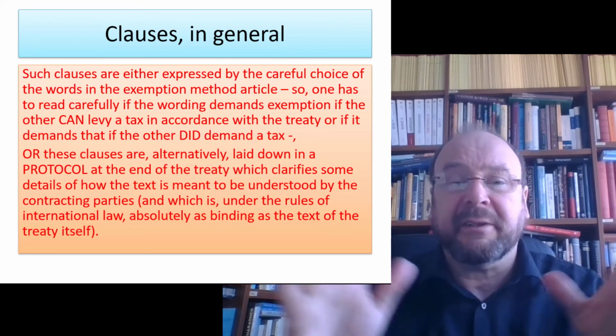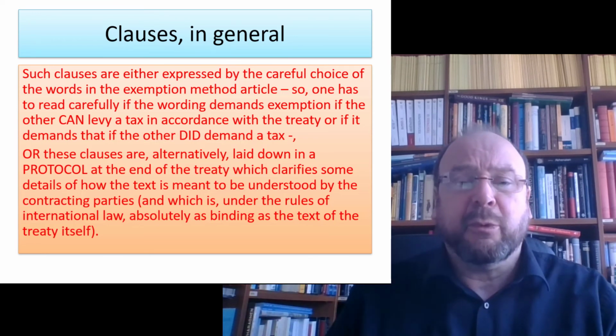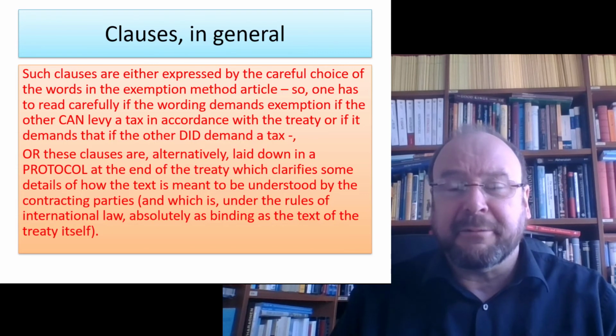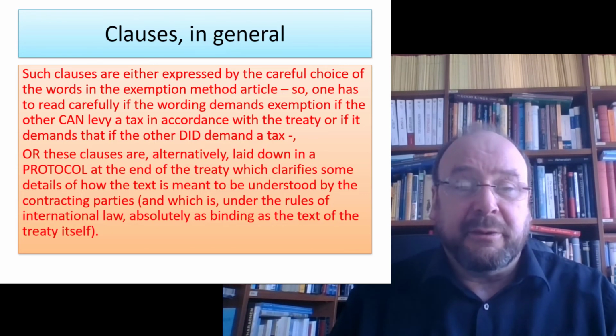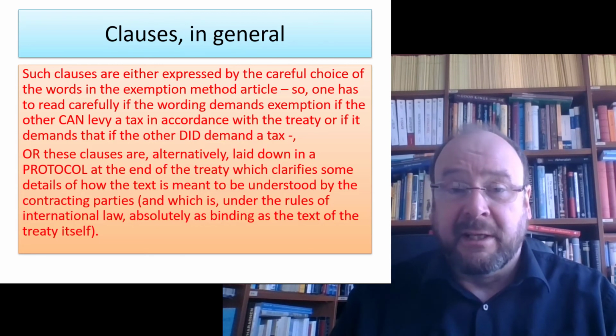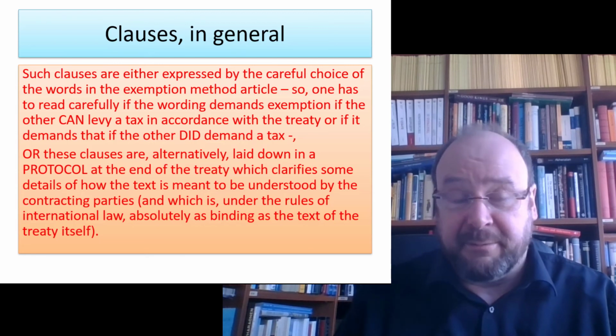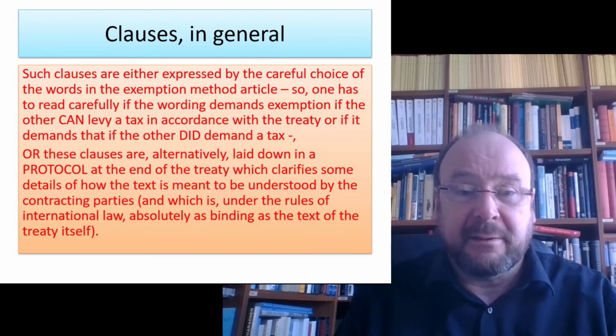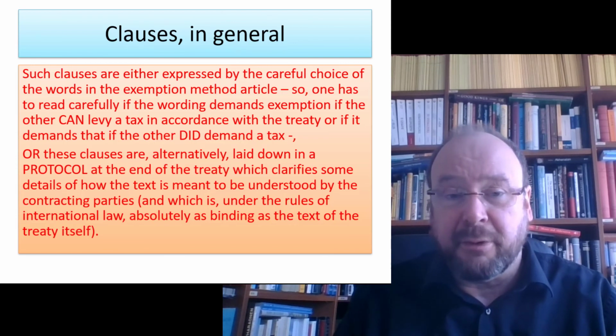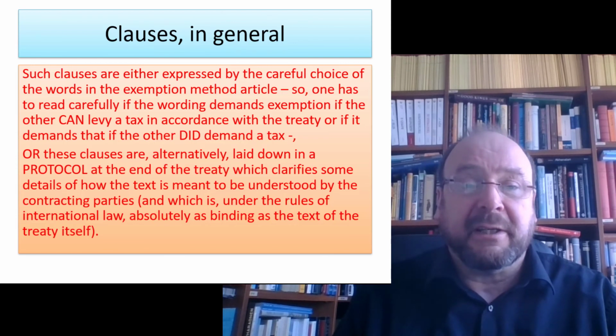Or you can write everything down there where the two parties agree that the exemption method is restricted to certain situations only, or that certain situations are excluded from the exemption method. That's possible. So these activity clauses in a double taxation treaty protocol are of high importance.